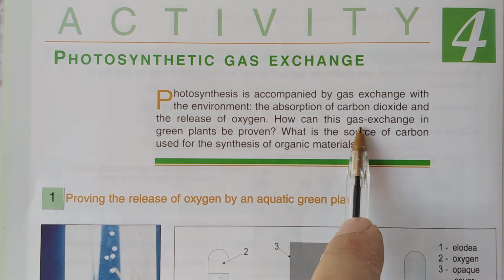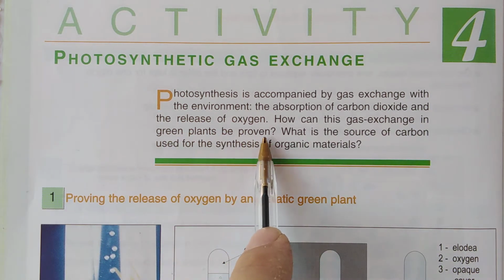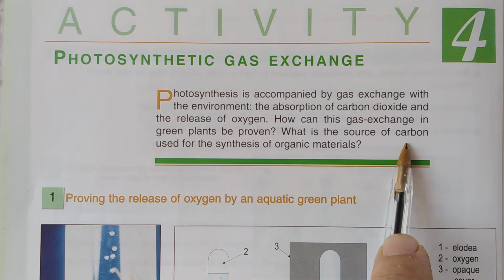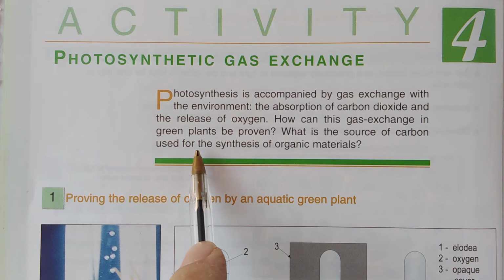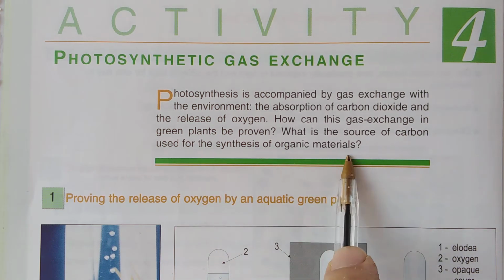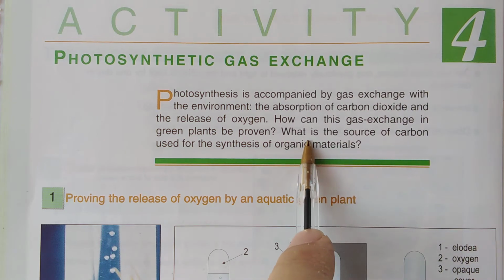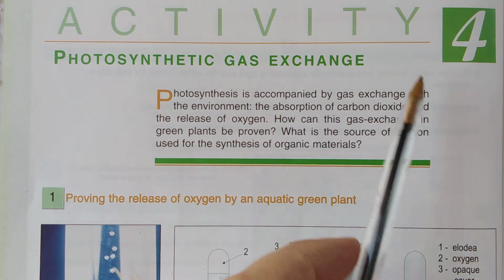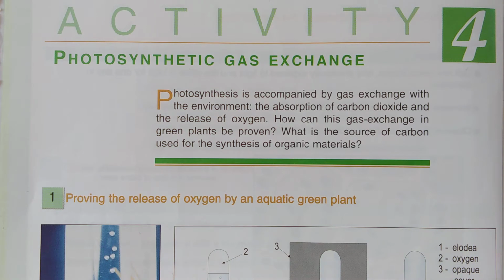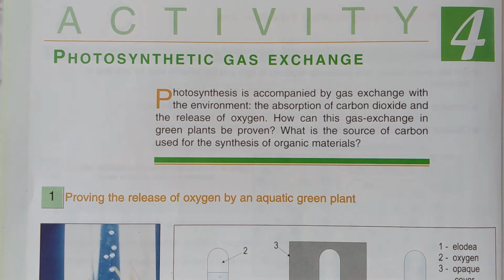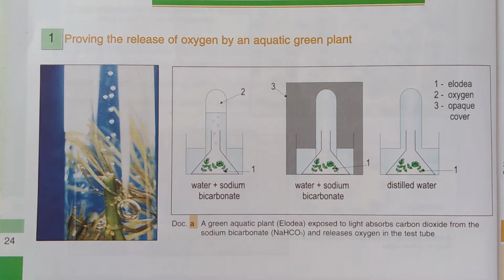How can this gas exchange in green plants be proven? What is the source of carbon used for synthesis of organic materials? These are the posed problems that will be achieved by the experiments of activity 4.